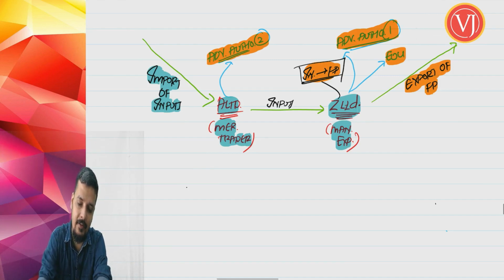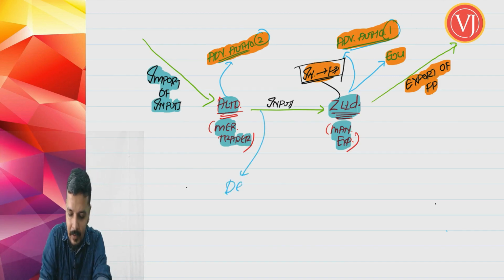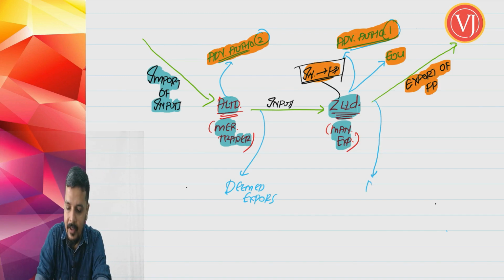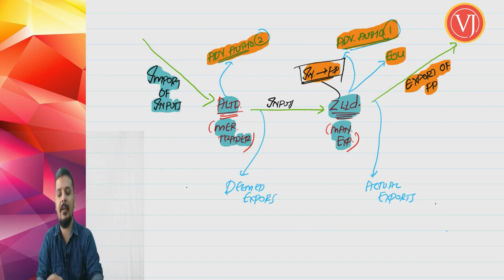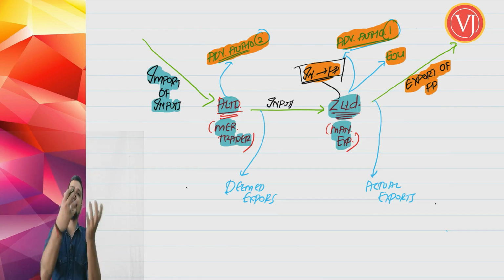Now, if I were to write this here very clearly, the first is a transaction of deemed exports. So, A Limited to Z Limited is deemed exports and Z Limited outside India is actual exports. And both are having separate advance authorization. Z Limited is having its own advance authorization because directly Z Limited might import something.